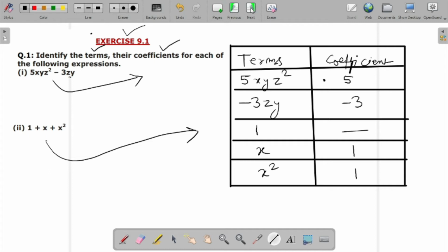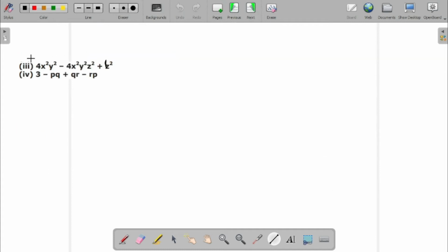Similarly, we can go for other parts also. Now here in case of the third part, again we can write the terms, and here we can write the coefficient.